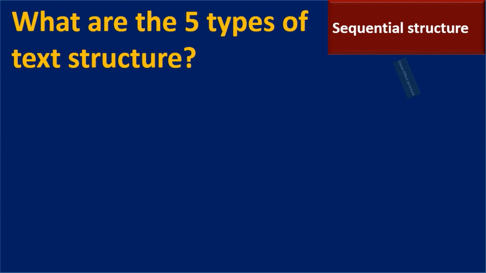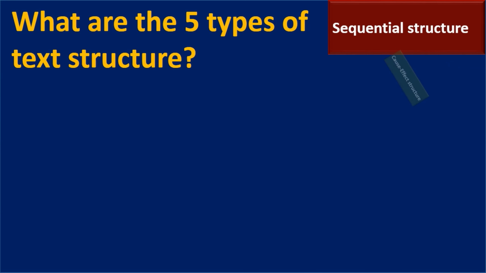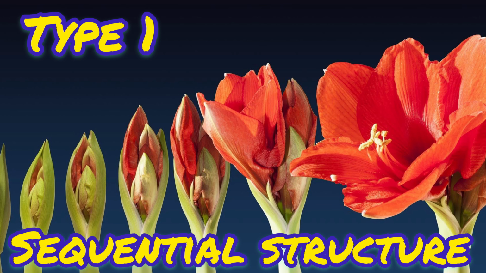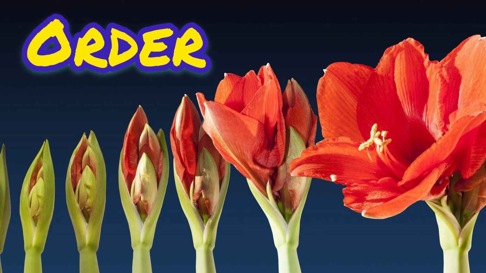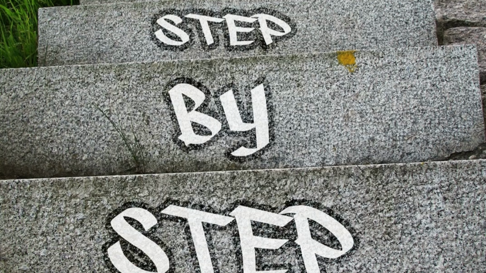What are the 5 types of text structure? Type 1. Sequential structure. A sequential structure tells you about events that happen in a certain order. Information is organized in steps or a process is explained in the order in which it occurs.